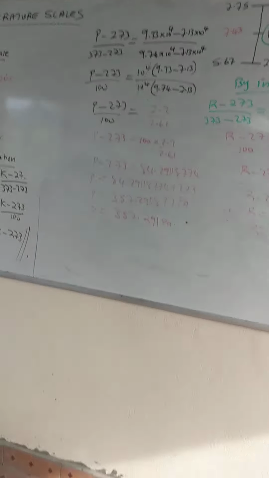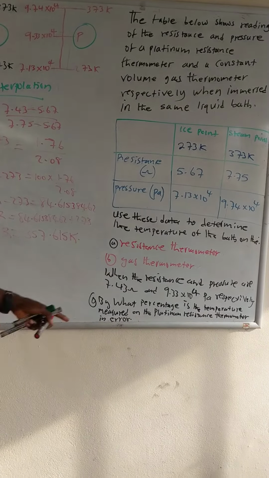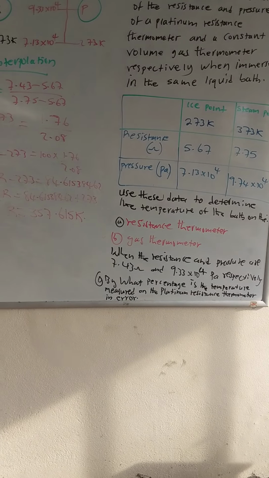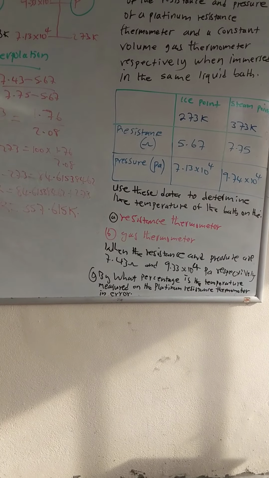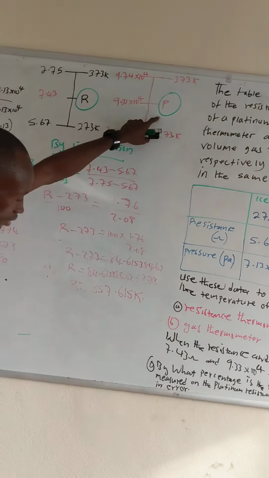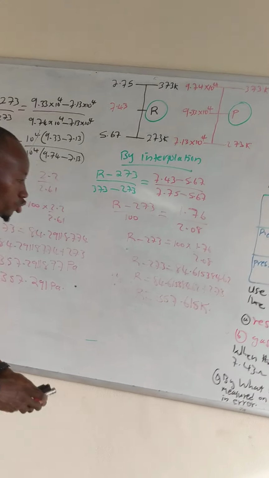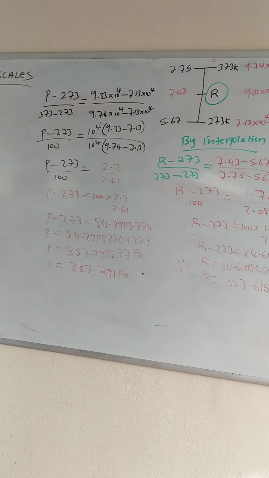So the C part now says, by what percentage is the temperature measured on the platinum resistance thermometer in error? The platinum resistance is for this. So our focus is this here. So we have to first find the error. What is the error?